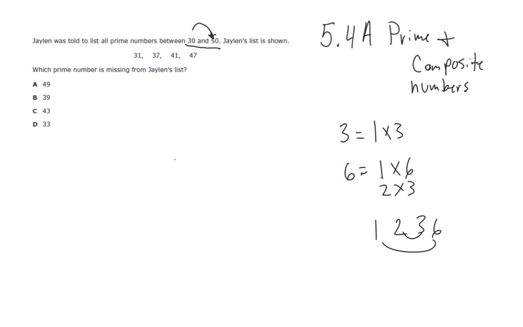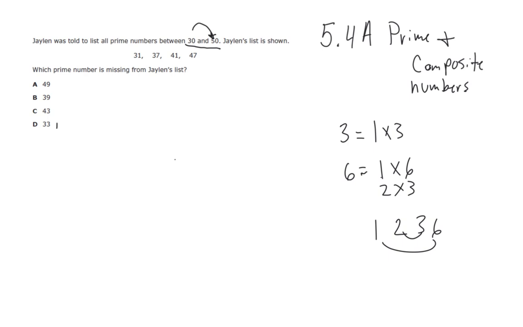Now, one of the ways that's going to help you really understand prime numbers and composite numbers is to know your multiplication facts. Because if you know your multiplication facts, you know, for example, if I look at 33, I know that 3 times 11 gives me 33.